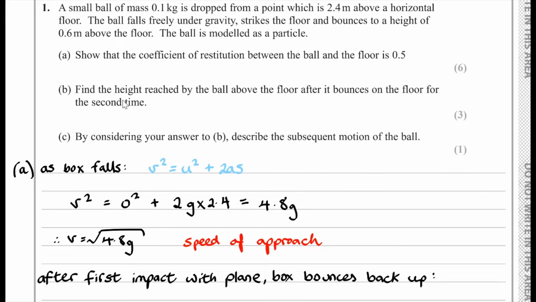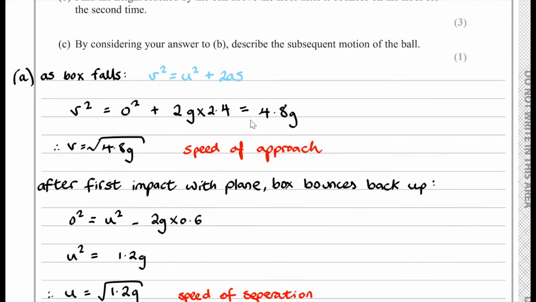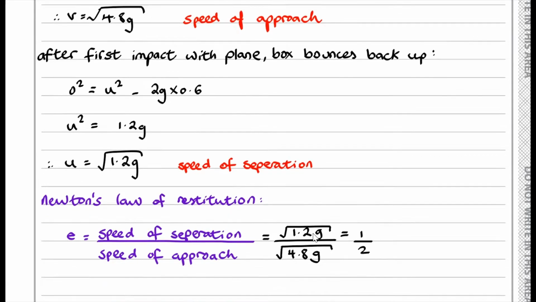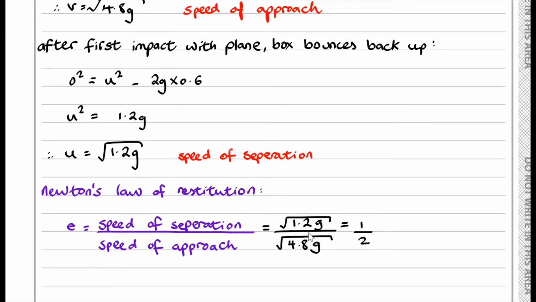And now for part B, we are required to find the height reached by the ball above the floor after it bounces on the floor for the second time. Once it goes back up, it essentially goes back down, and bounces again, and we have to find that height.